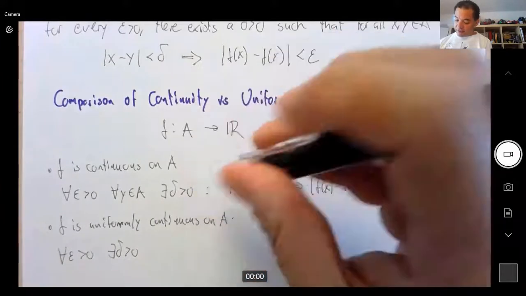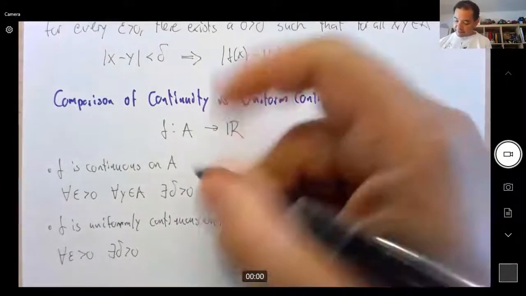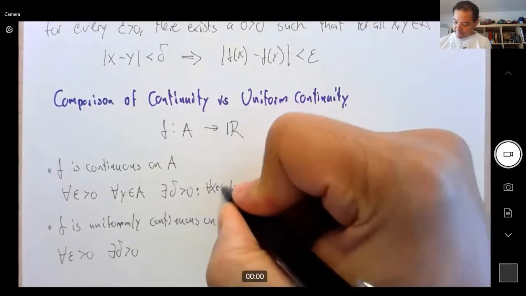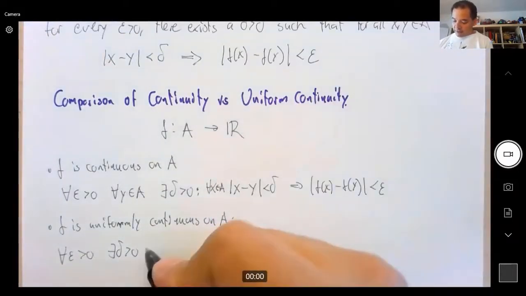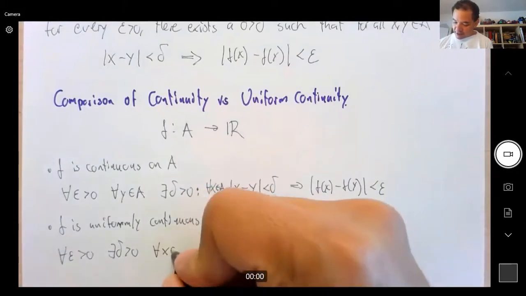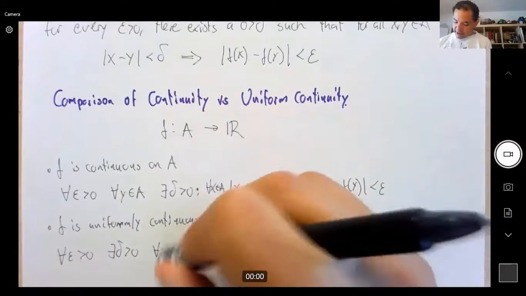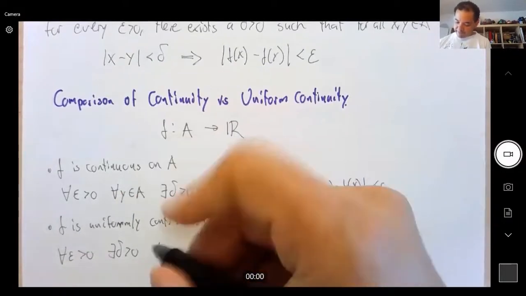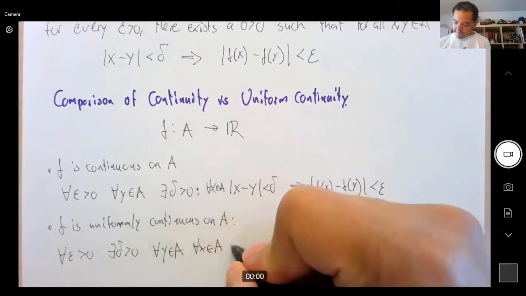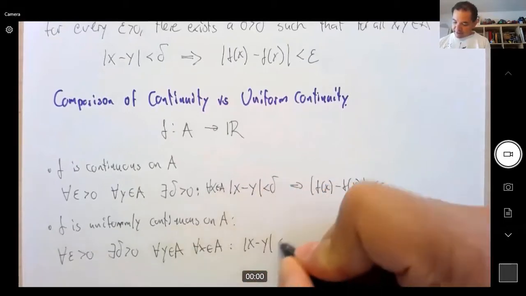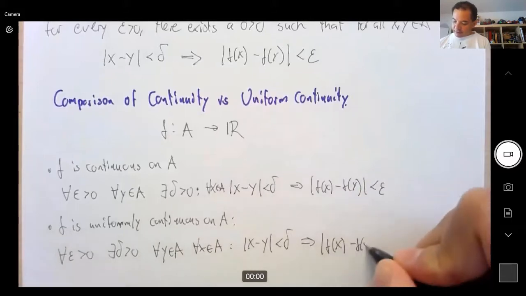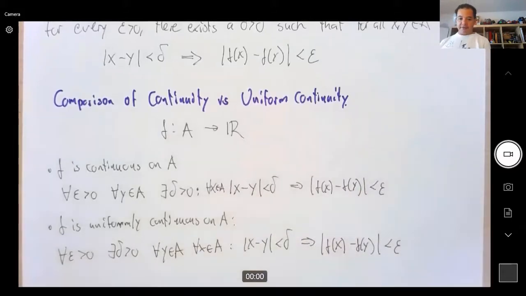So over here, it should say for every x in A. Okay? So now it is for every epsilon, there exists a delta such that for every x in A and for every y in A, x minus y less than delta implies f of x minus f of y is less than epsilon.